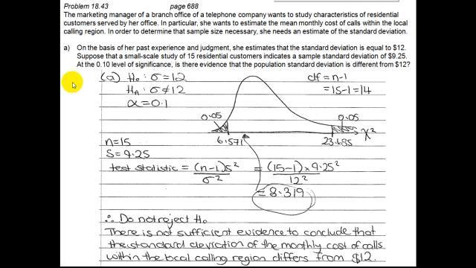So you could have said there's not sufficient evidence that it's different from $12, that there's not sufficient evidence that it's not equal to $12. Either wording would be fine. So what we're seeing basically is that even though our sample standard deviation is less than the hypothesized standard deviation, it's not far enough away for us to reject the null. We're thinking that the difference is just natural sampling variation.